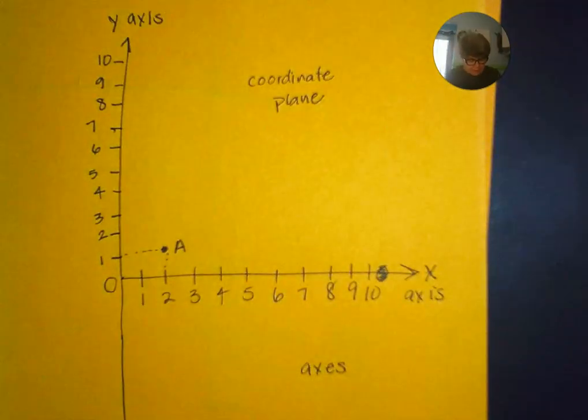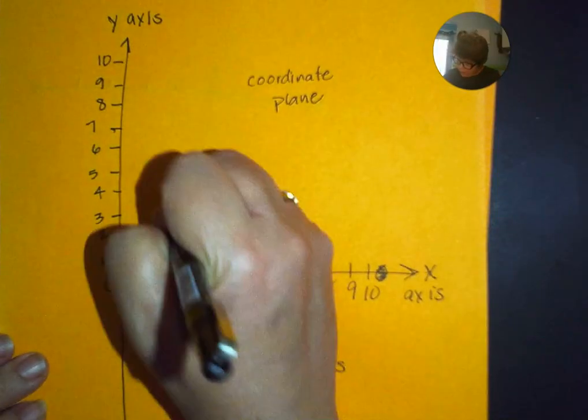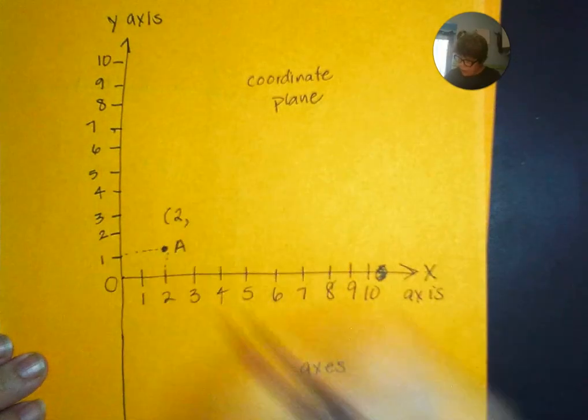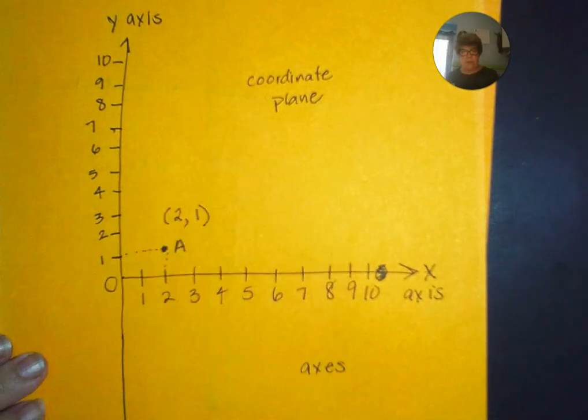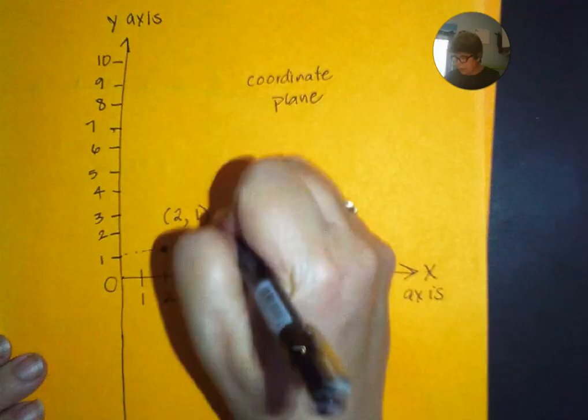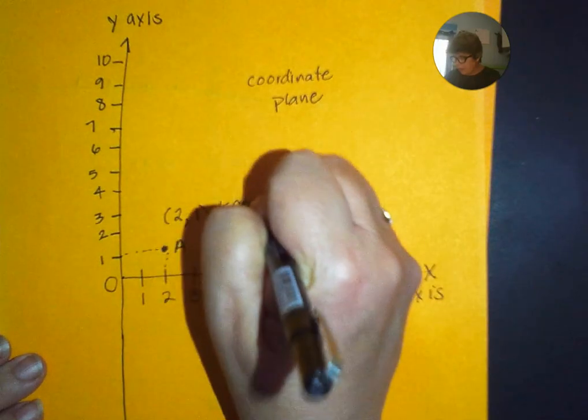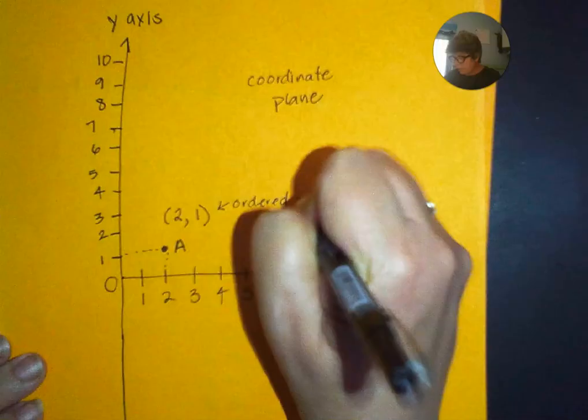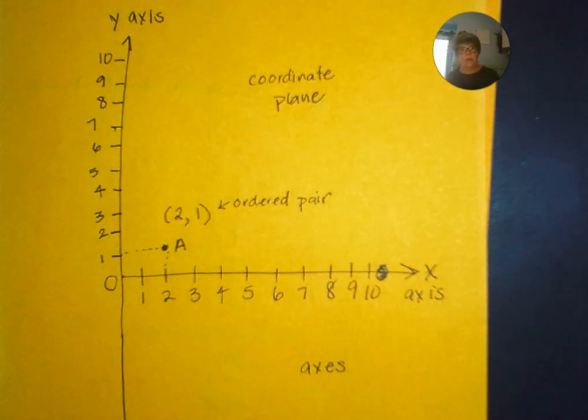Okay, and when we write these in an ordered pair, we always want to write the x first and the y second. Okay, and that is called an ordered pair. And it's kind of like the order is very important, right? Another reason why it might be called an ordered pair. You always want to put the x first and the y second.